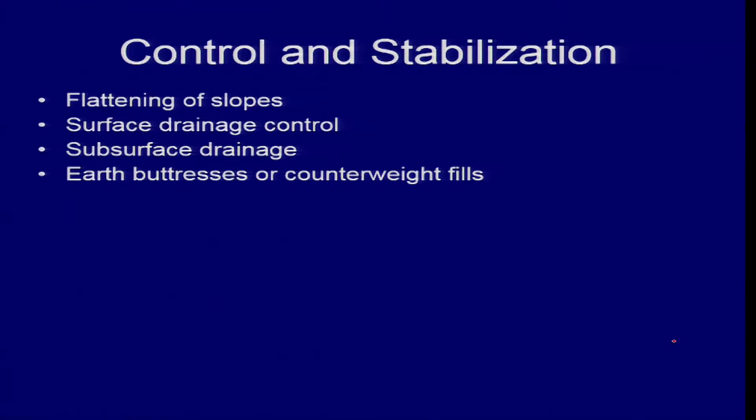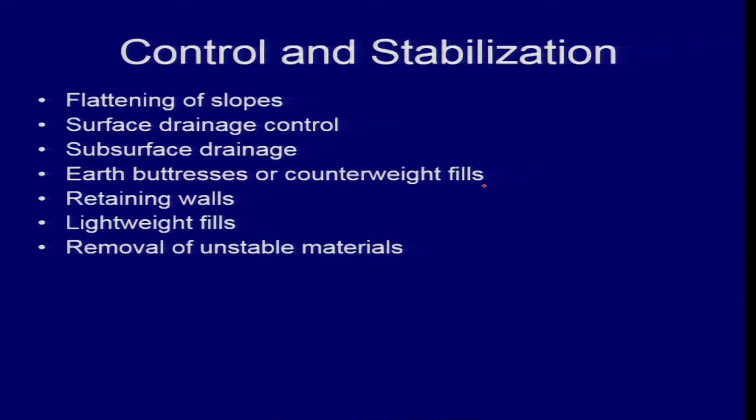Earth buttress and counterweight fills to block the slip of the material on the surface, construction of retaining walls, light weighted fills. You should not fill up the area with heavier material. Then removal of the unstable material. If you understand that this area is having unstable material, try to remove it and fix it up using the counterweight fills.